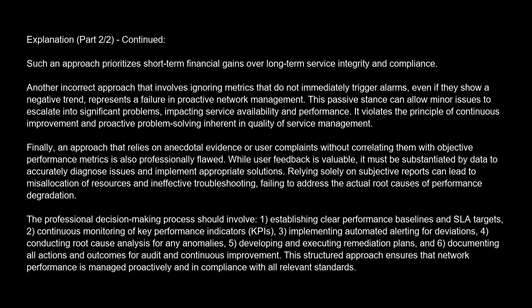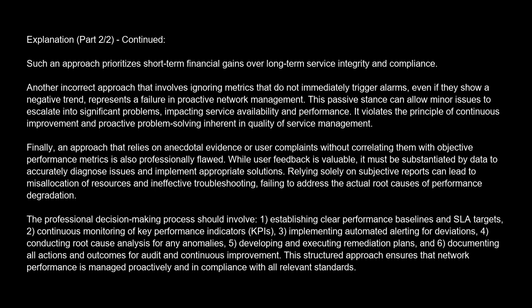Finally, an approach that relies on anecdotal evidence or user complaints without correlating them with objective performance metrics is also professionally flawed. While user feedback is valuable, it must be substantiated by data to accurately diagnose issues and implement appropriate solutions. Relying solely on subjective reports can lead to misallocation of resources and ineffective troubleshooting, failing to address the actual root causes of performance degradation.